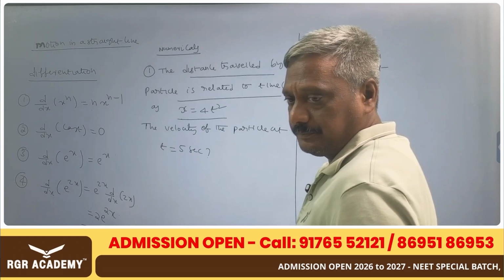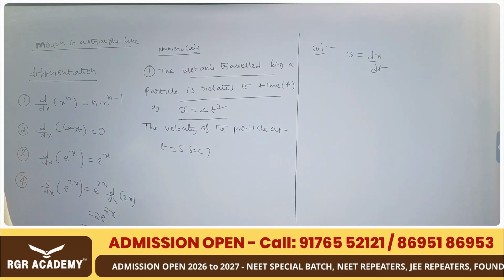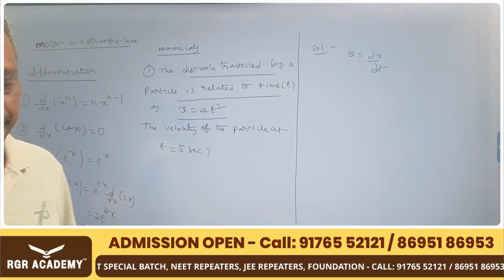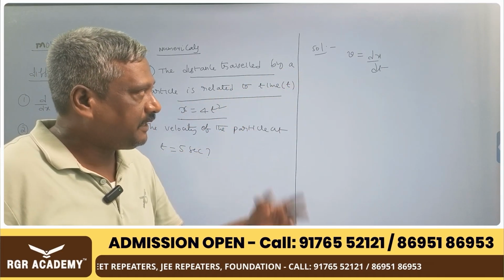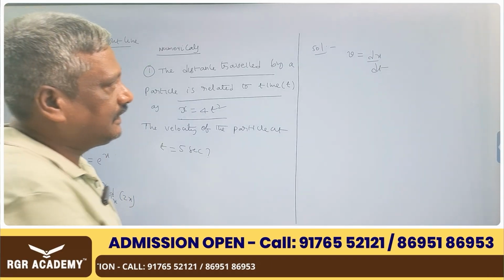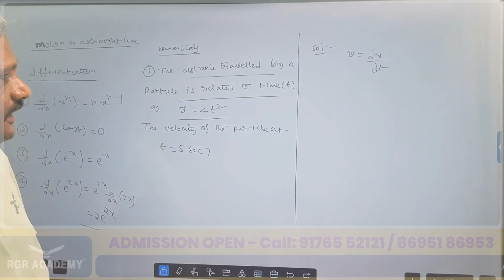The rate of displacement is called what? Velocity. So you can write v is equal to dx by dt. The rate of displacement is called velocity. In differential form you can write v is equal to dx by dt.